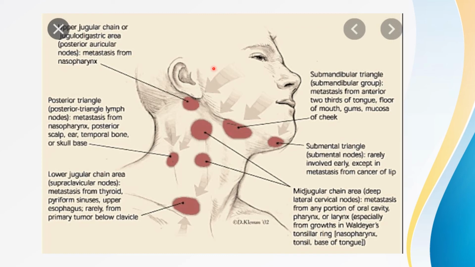We also have a preauricular lymph node herein, meaning pre just because it is before the auricles, and post-auricular lymph nodes present at the back of the auricles. There are also posterior triangle lymph nodes. And of course your supraclavicular.